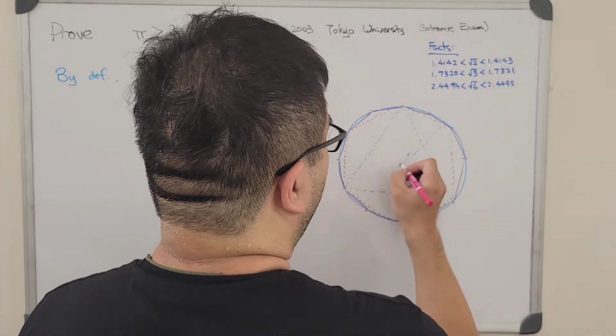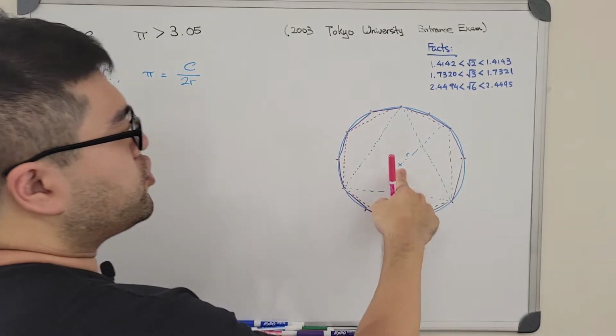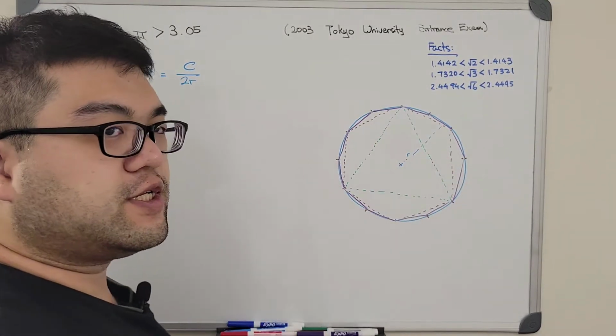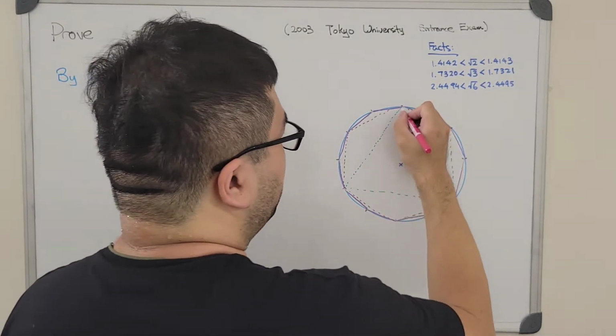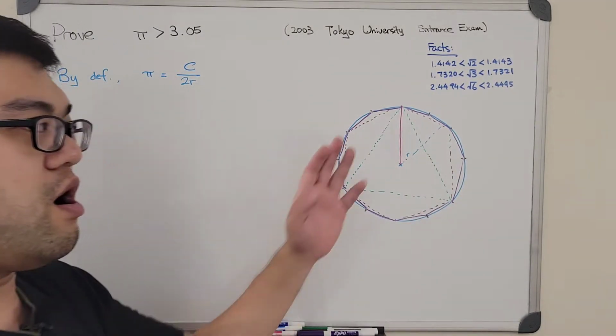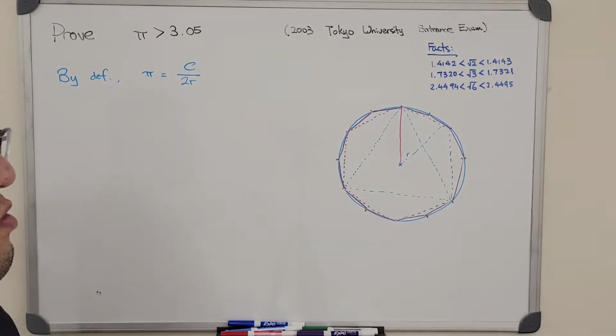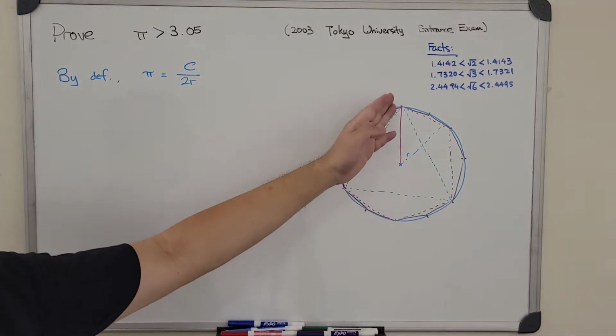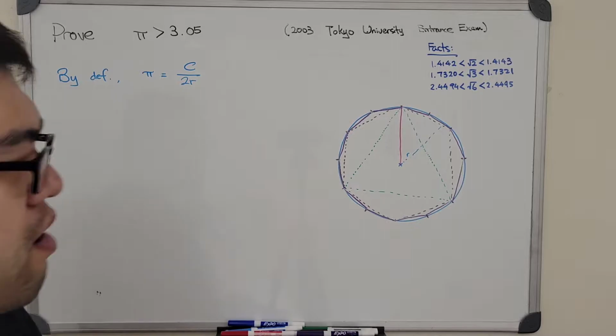Good. So if we draw a line from the center to any of the vertices, of course the length will be the same, because all the vertices are on the circle. So the length will just be the radius, r.